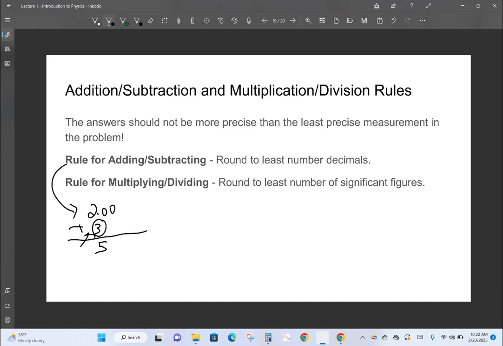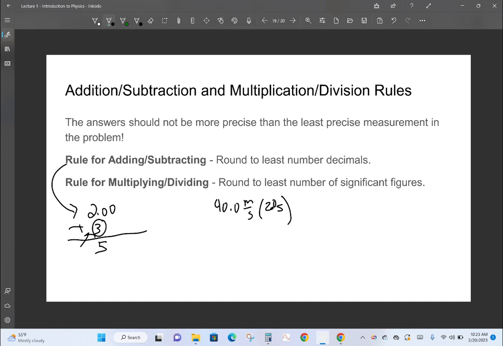When you multiply and divide, now you're dealing with quantities that are made with different measuring devices. And so you can't really compare decimals because they're totally different measuring devices. So you have to count significant figures. So let's say that I am going to multiply 40.0 meters per second by 2.0 seconds.